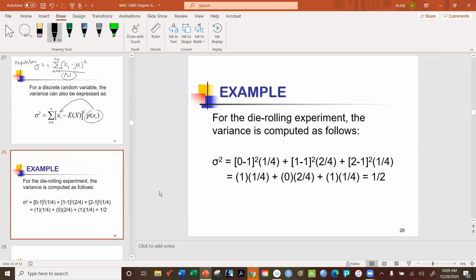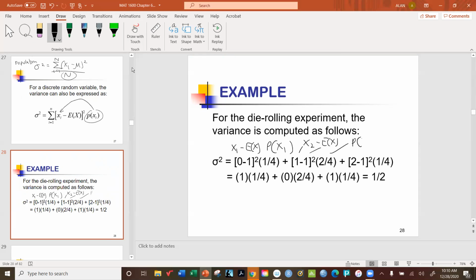Okay, now here, you see what I've done here. Each x, this is x1. Remember, the expected value of x is 1. This is the probability of x1. Let me clean this up a little. This is x2 minus expected x, which is 1.